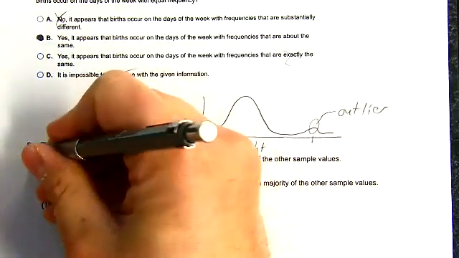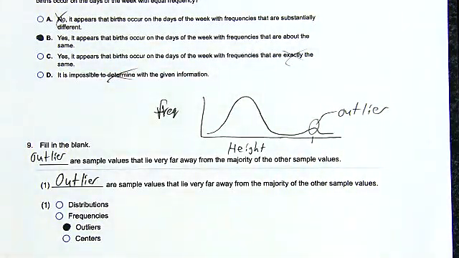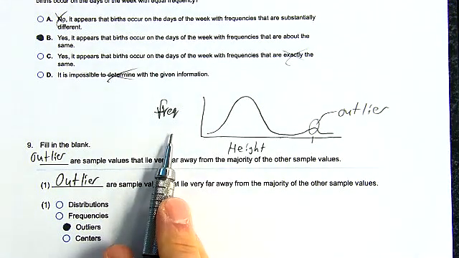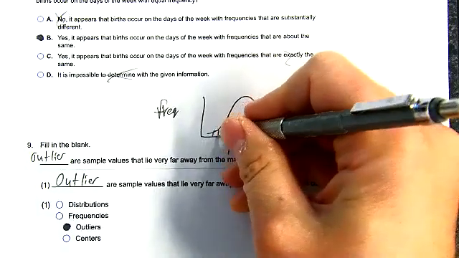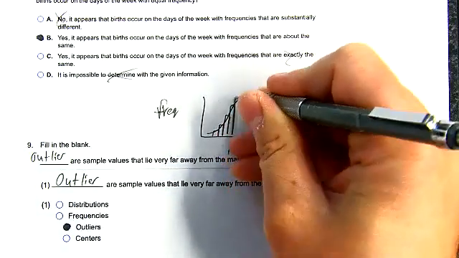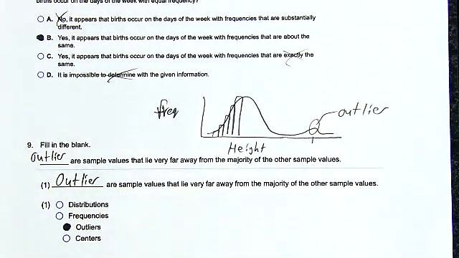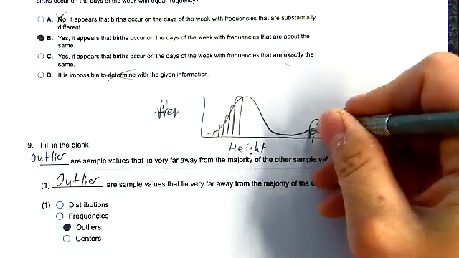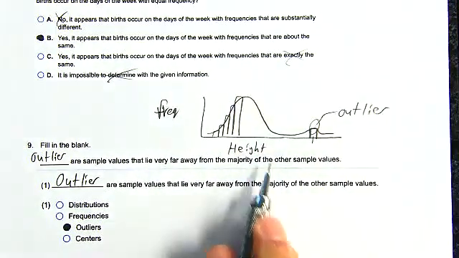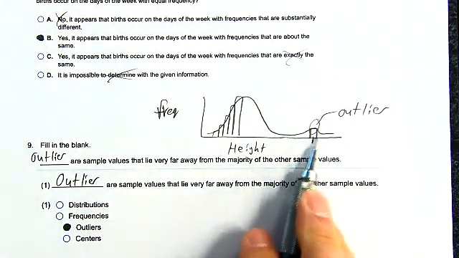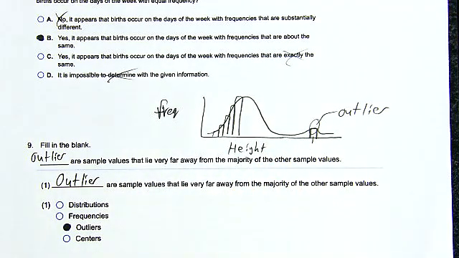So it's outlier. Frequencies are the heights of these bars, right? These are bars that you then connect into a smooth curve. So the frequency is the height of the bar. Notice this outlier, its frequency is only 1, really, because there's only one person way out there. But this person is far away from the group. This is the group over here. That's what an outlier is.